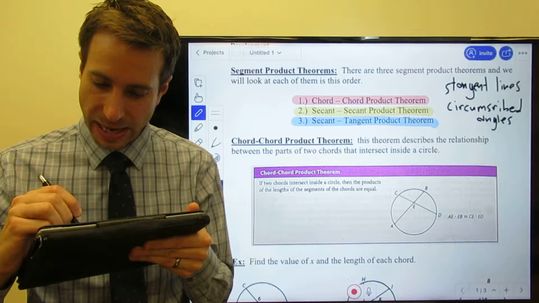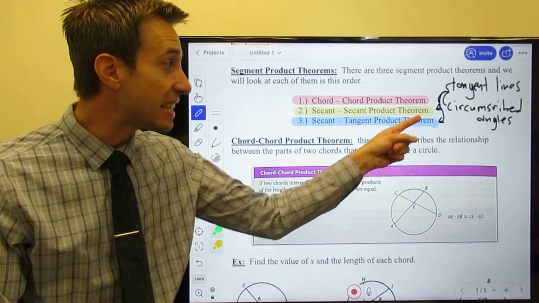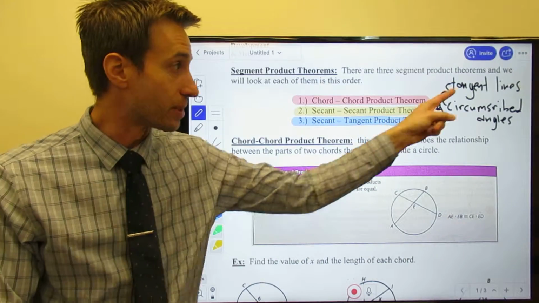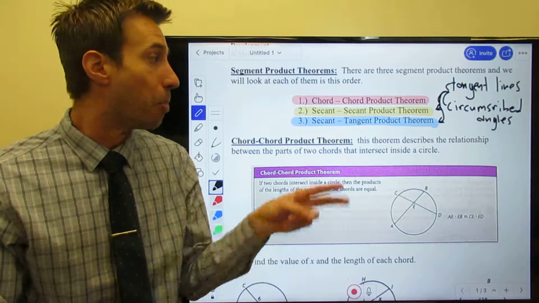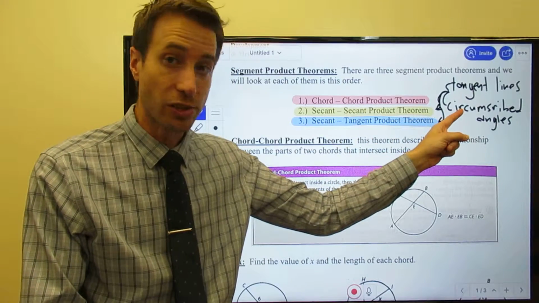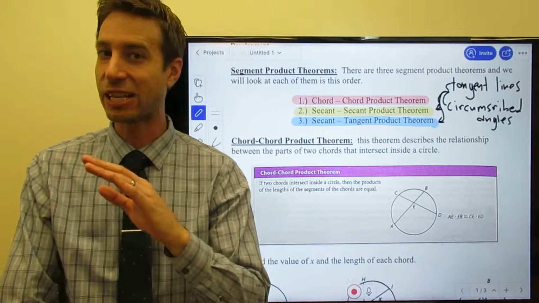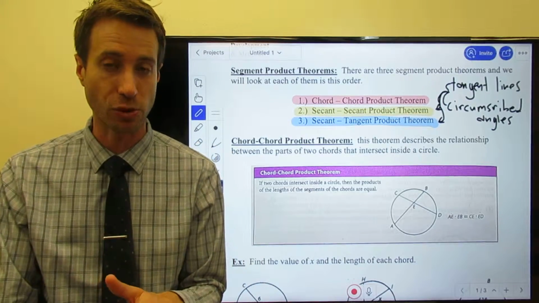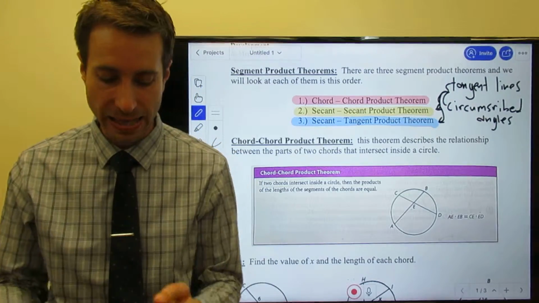Both of these are going to show up in these two product theorems. Tangent will show up obviously in the secant tangent product theorem. Both of these product theorems will deal with circumscribed angles, which we introduced in the last section. We didn't actually solve any problems with circumscribed angles. We'll do that now here in this section. So, with that in mind, here we go.